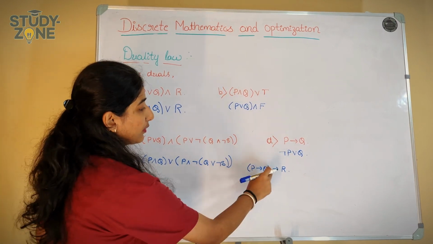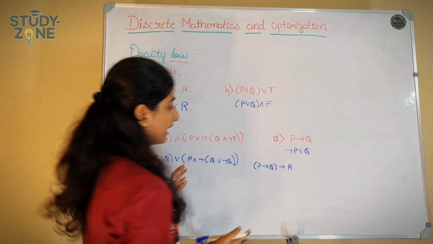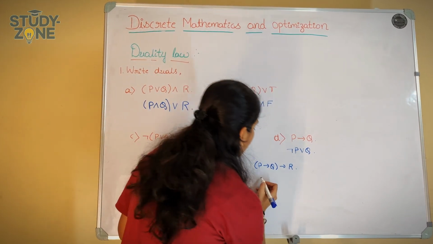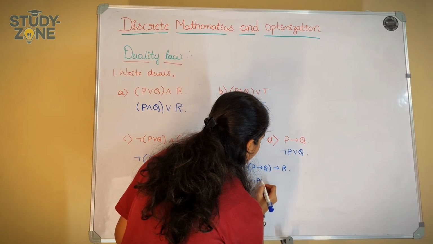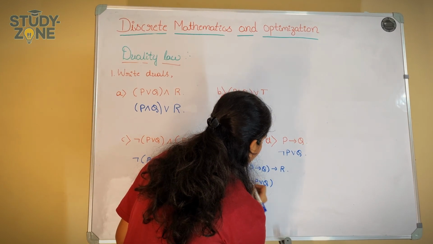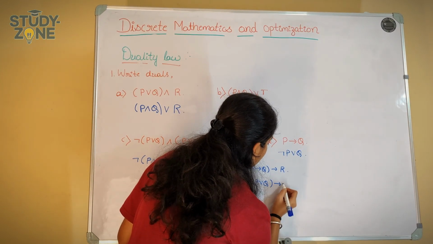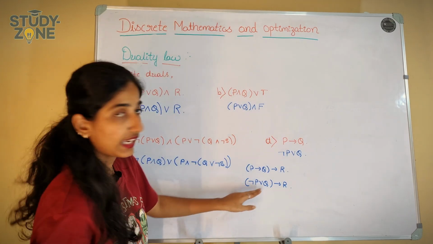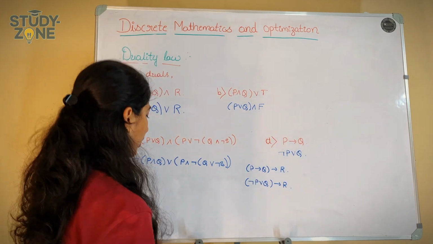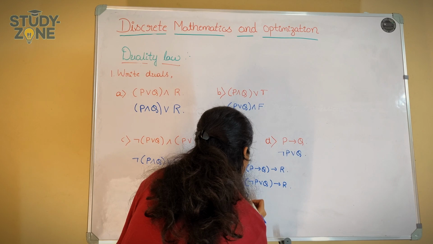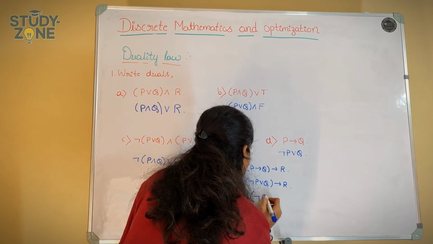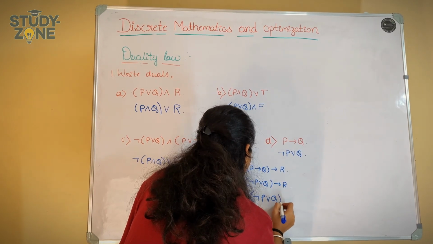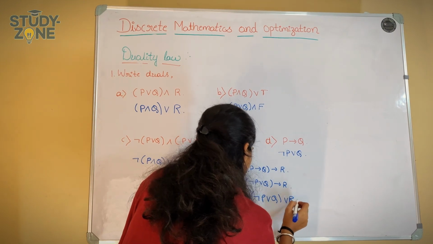So here we can't replace simply, right? We have to solve first this one, that is negation of P or Q and then implies R. So here again we have to apply implication law. So it will become negation of negation P or Q or R, correct?